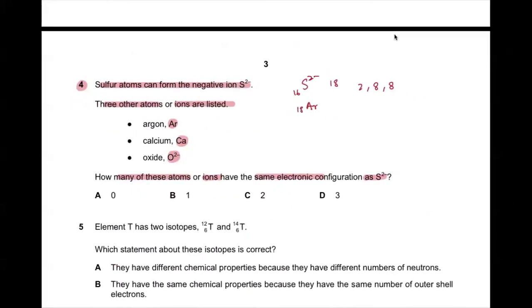So argon is 18, calcium is 20, and oxide is 2- with 8.